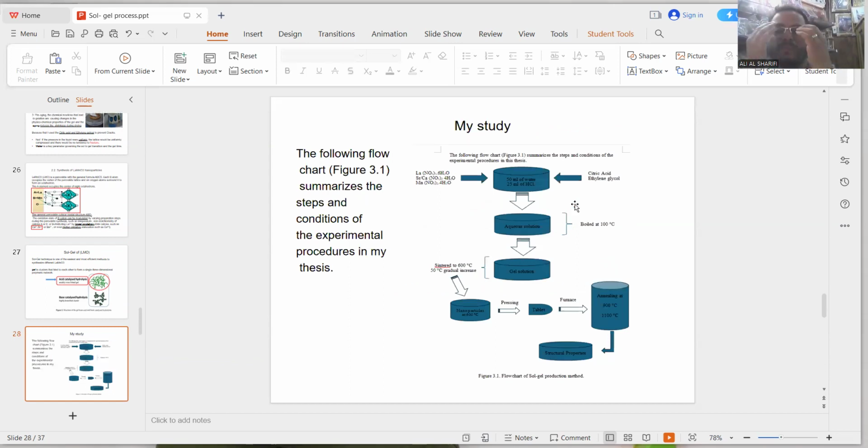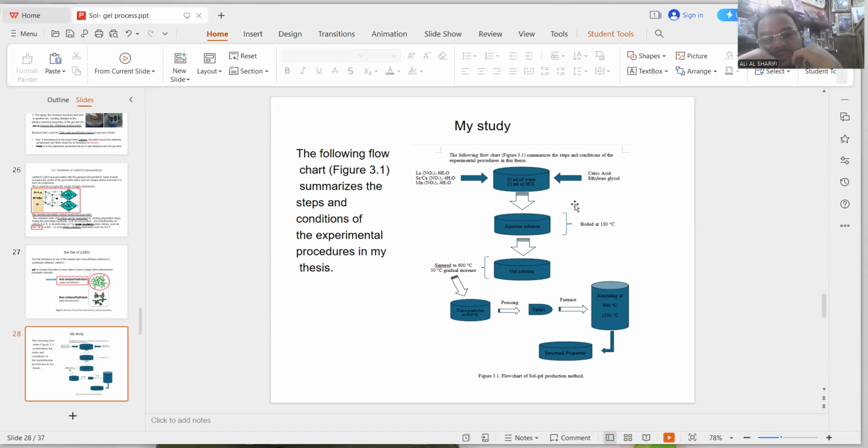Here is my structure diagram. I used lanthanum nitrate hexahydrate, manganese nitrate tetrahydrate, strontium, and calcium nitrate tetrahydrate as precursors, with solvents: pure water, ethylene glycol, and hydrochloric acid.